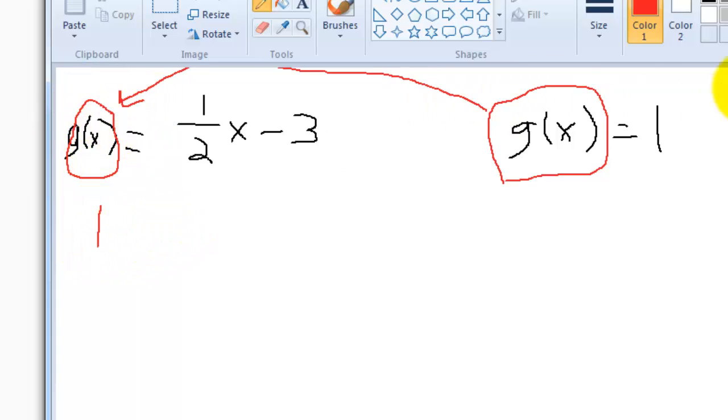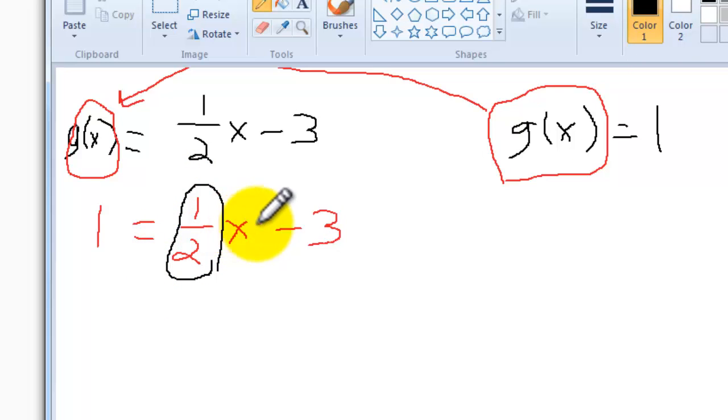So 1 equals 1/2 x minus 3. Now how we deal with these fractions, this whole fraction is the coefficient of x. The whole thing is the coefficient of x. Just like a 2x, 2 is the coefficient of this x, meaning 2 times x.